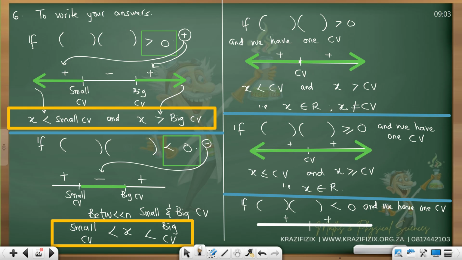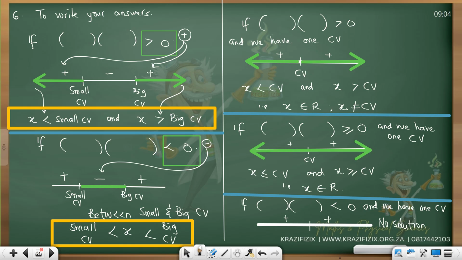Less than 0 means I'm looking for something negative. And it's not there. Here we have no solution. And this is actually functions. We're going to repeat this when we get to nature of roots. It's part of algebra. This is so important to write your answers.